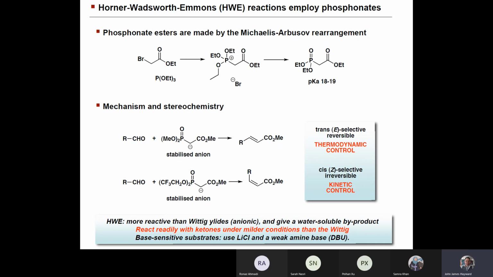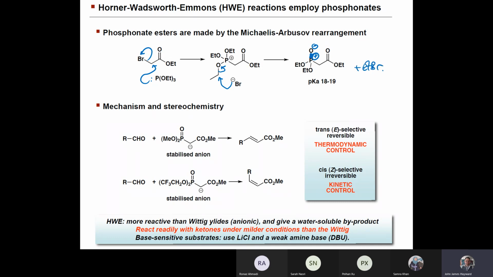You take an alpha halo carbonyl compound, most often an alpha halo ester, and the phosphorus does a nucleophilic displacement of the bromide to generate a phosphonium, and the bromide can then actually react with that to give the phosphonate, okay, plus ethyl bromide.